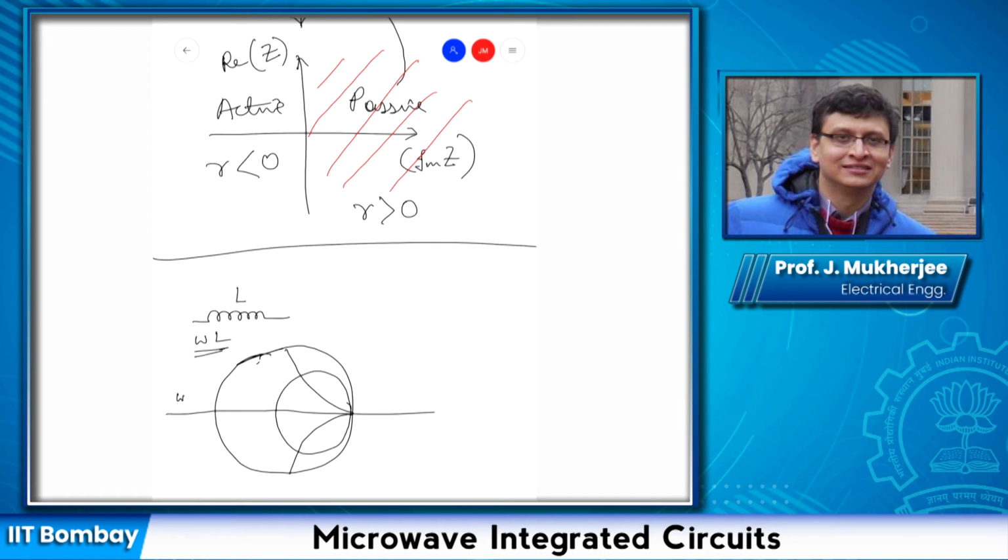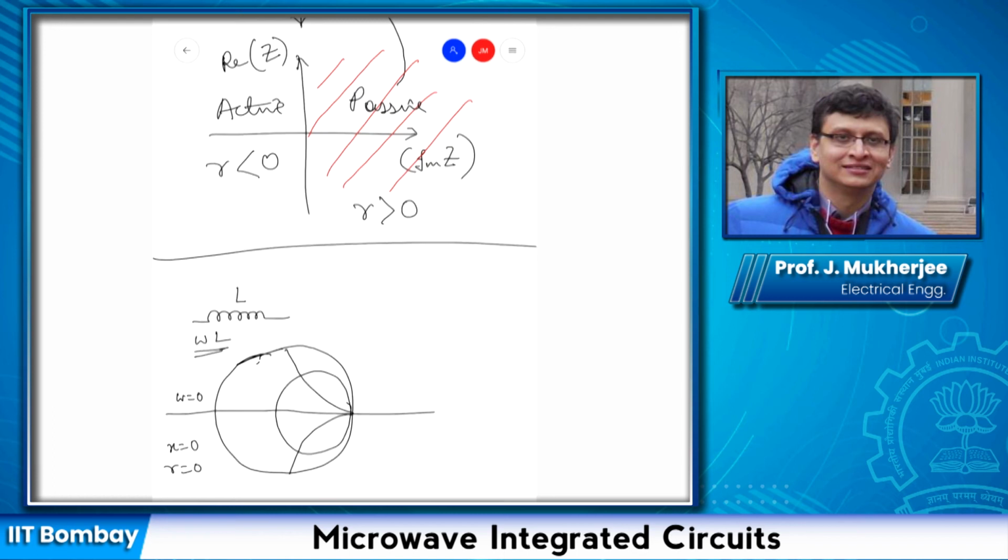So at omega equal to 0, the value of x will be equal to 0, right? So what point on the Smith chart corresponds to x equal to 0 and also R equal to 0, because there is no series resistance connected to this inductor. So let's see.